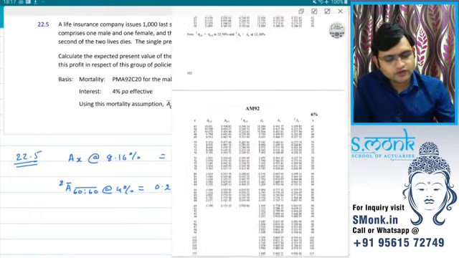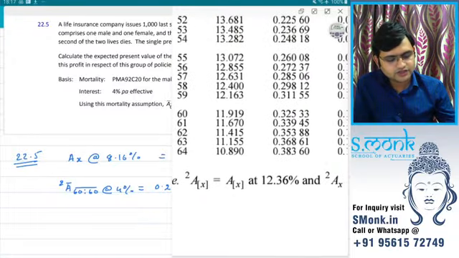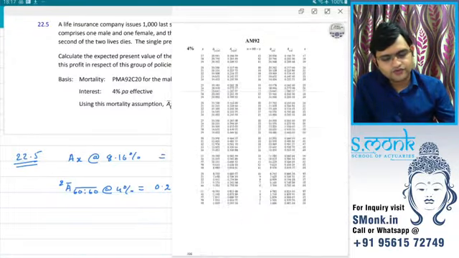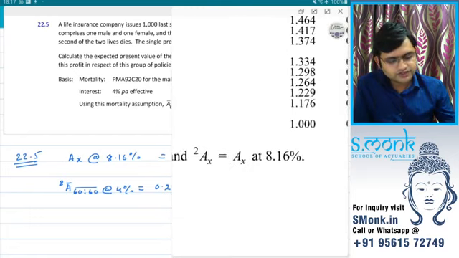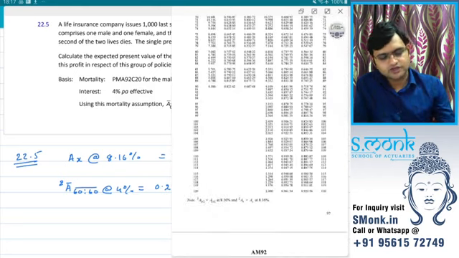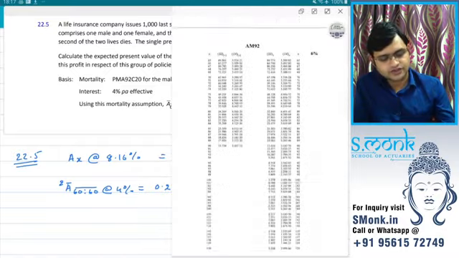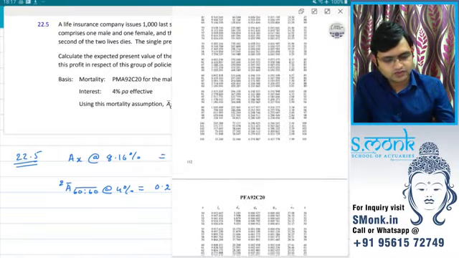You forgot how we calculate 2Ā? If you did, you can see down here as well. Okay, so for 4% in AM92, if you see down here, what do they say? 2A_x is equal to A_x at 8.16%. Okay, it is the i dash that we calculate.